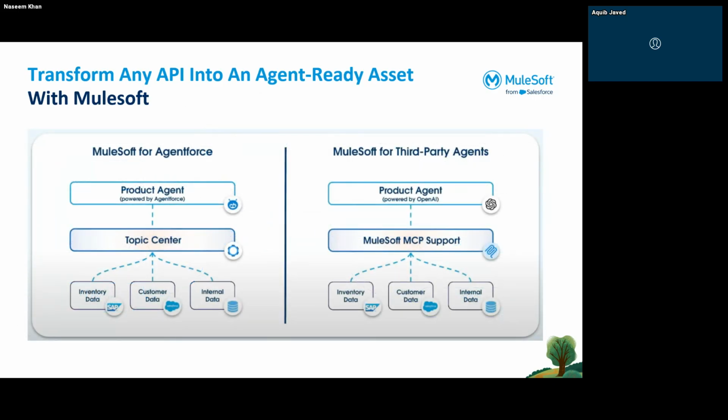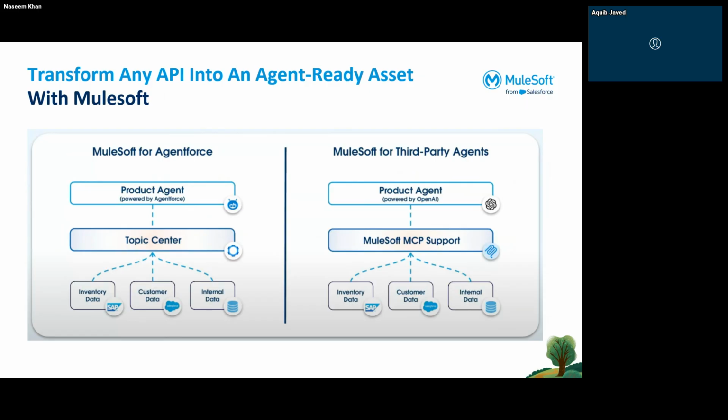Okay. So again, this is the same. We can transform any API into an agent-ready asset with MuleSoft MCP support. And in this one, we have a very smart way of configuring, and there is no complex setup or manual configuration required.